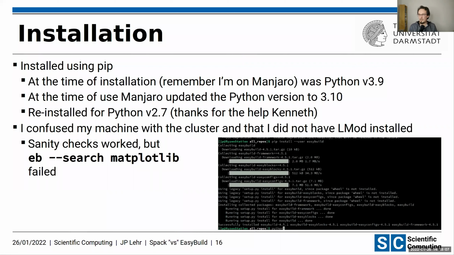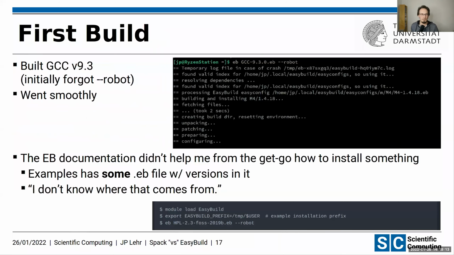So I then went ahead and went for, let's install GCC version 9, and there is a version 9.3. So I installed it, and I initially forgot --robot, which I have mixed feelings about. I like that it doesn't just go ahead and install everything.